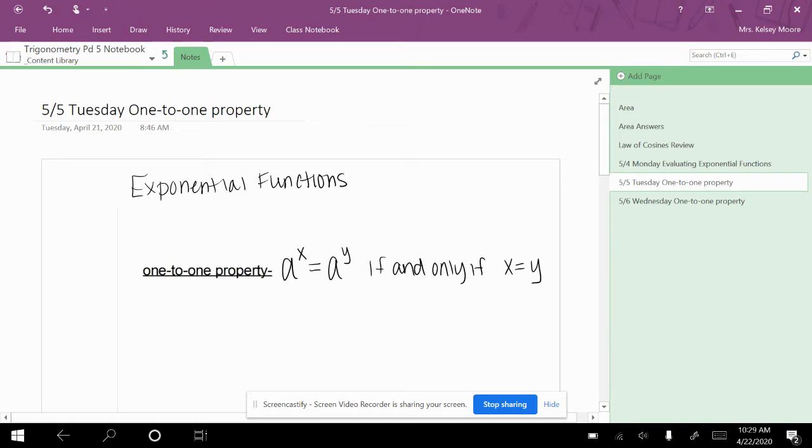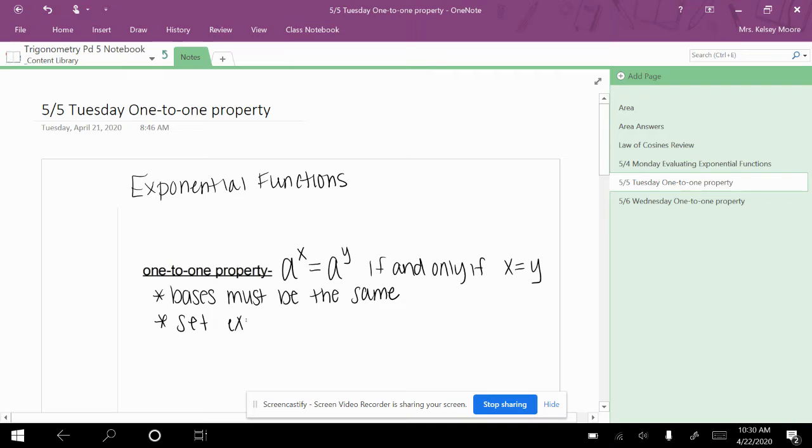So basically what it is, the bases must be the same. So you have an a here and you have an a here. If you have the bases as being the same, then you can set the exponents equal to each other.